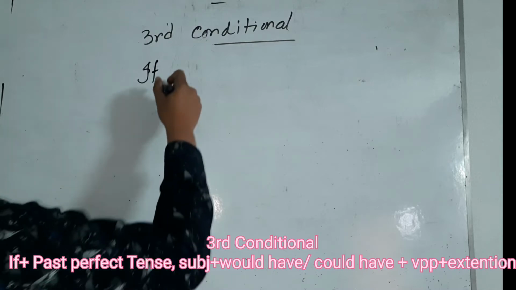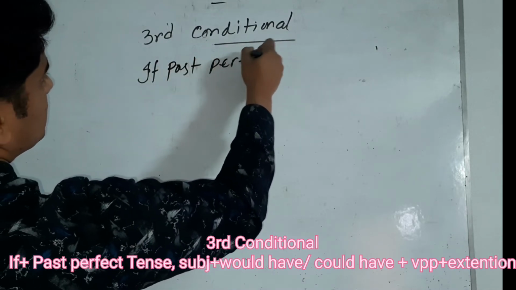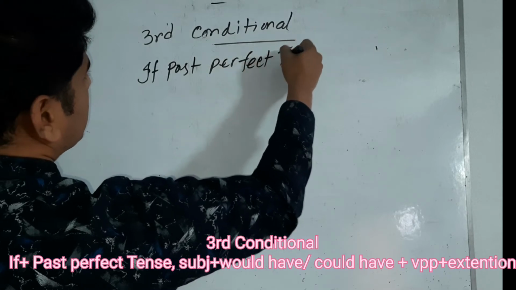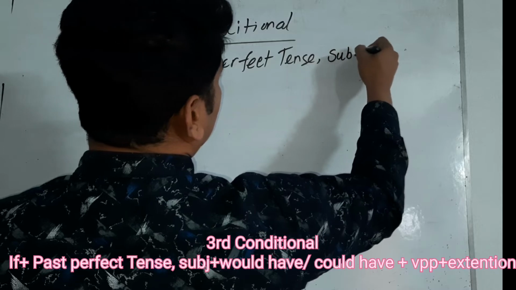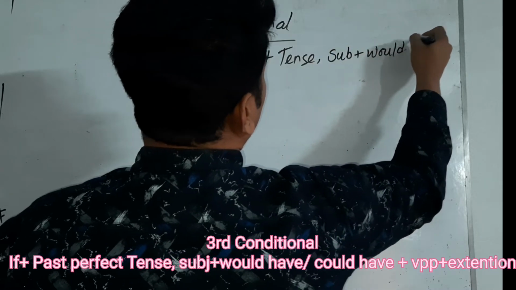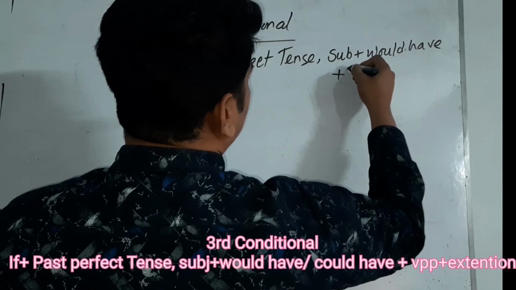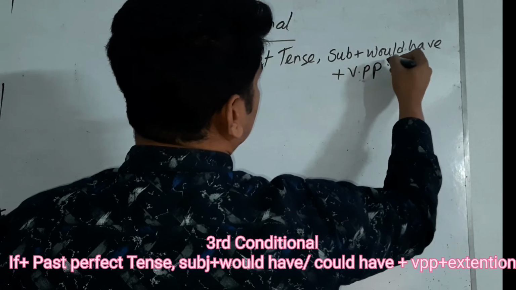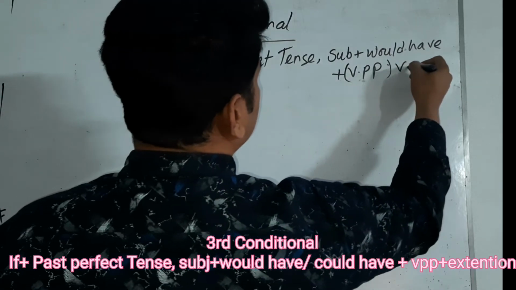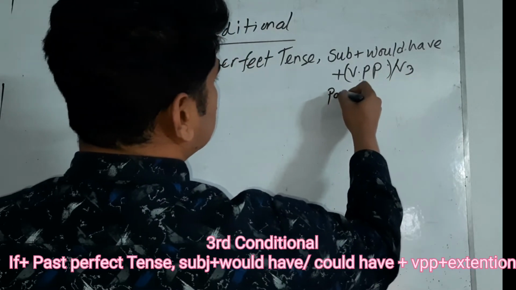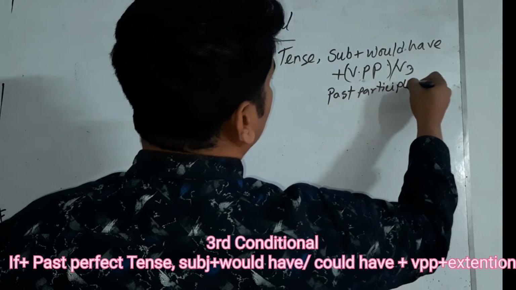If you see past perfect tense, you have to use subject plus would have plus VPP or V3, past participle of verb.